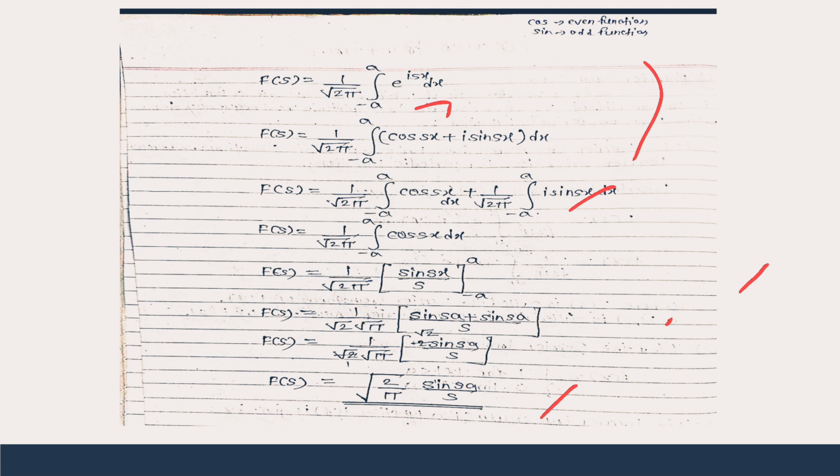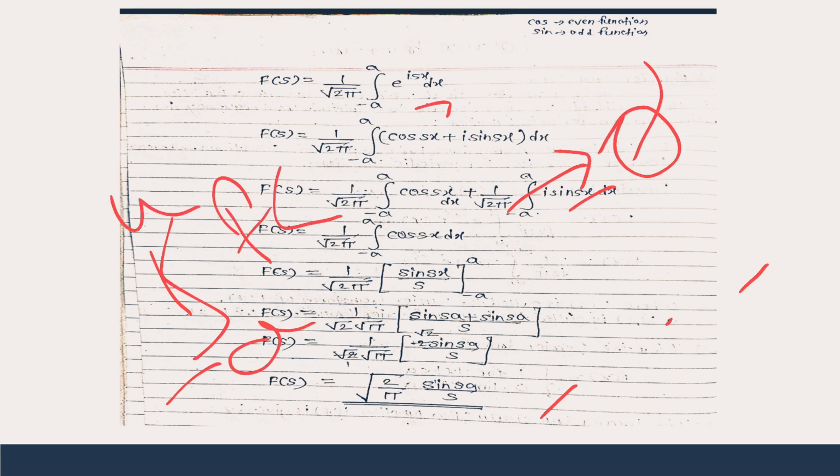So for sine, the value of this integration will directly become equals to 0 by using the property of opposite limits, that is integration of minus a to a of f of x dx, that we already saw in 12th standard. So this term will directly become 0.